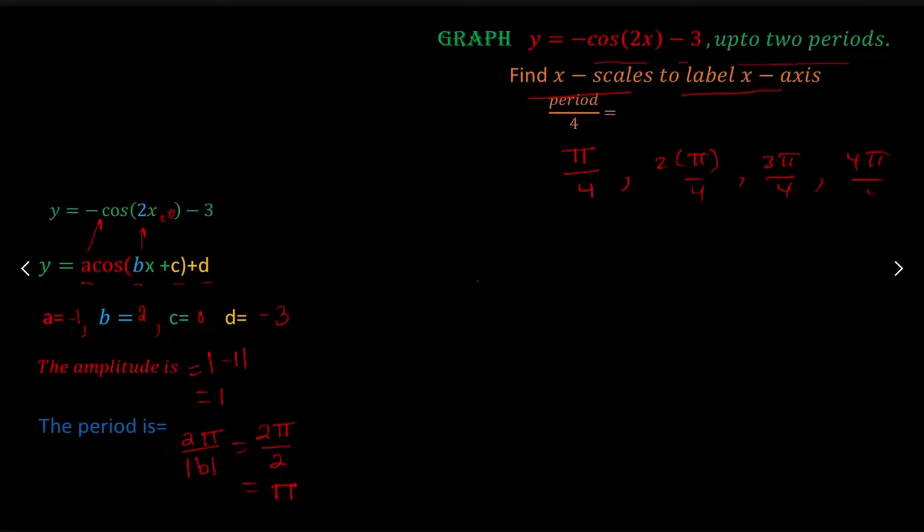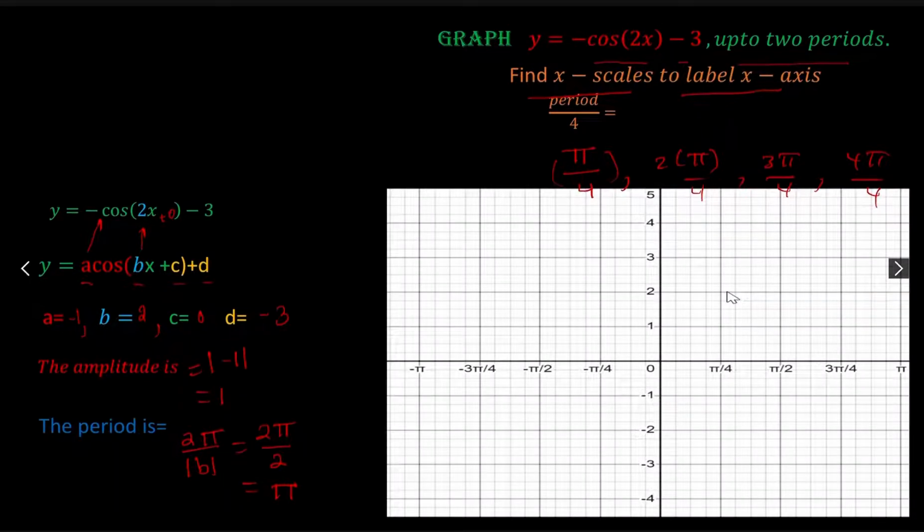So I always tell you that whatever you find the period, just count 1, 2, 3, 4, and then you could simplify that and put that on your x scales. So 1 pi over 4, 2 pi over 4 is pi over 2, 3 pi over 4, and then 4 pi over 4 is just pi. And then label the left side also the same way with the negative numbers.